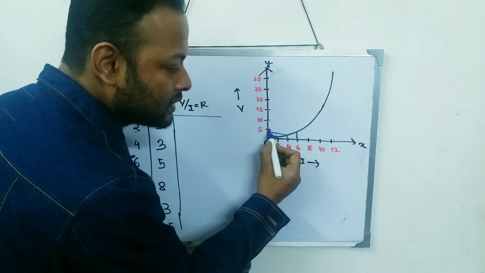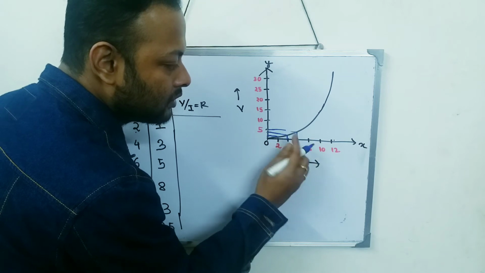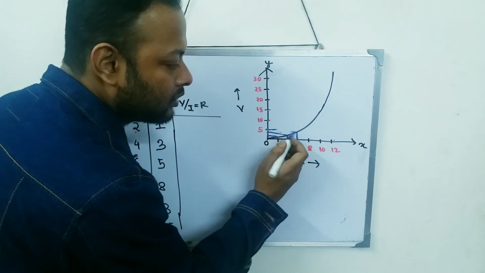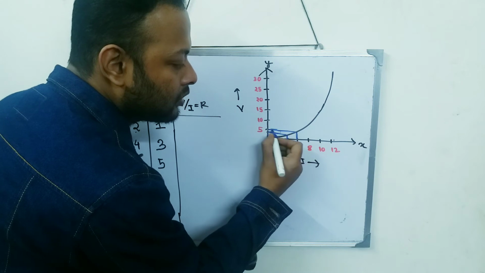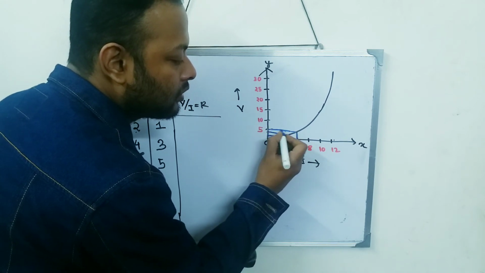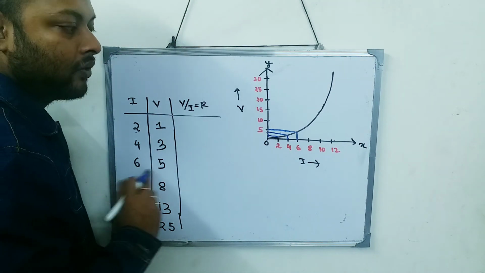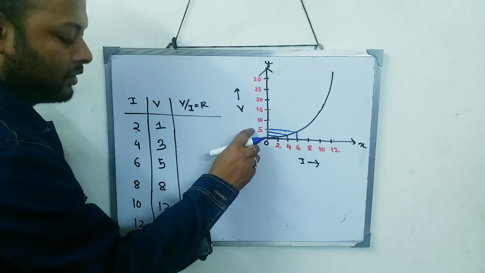If I draw this line, it becomes something like this. Now you can see when the current is 6 ampere, the voltage is 5 volt.